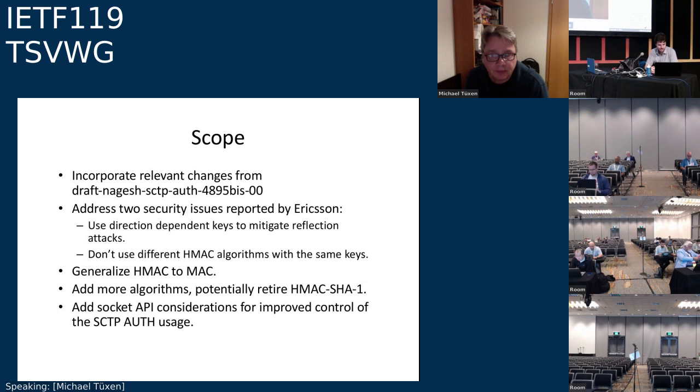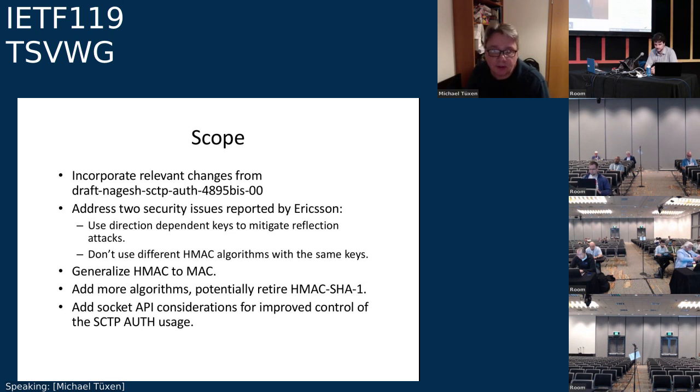There was the proposal on the list to generalize HMACs to MACs, because the document always talks about HMACs and you can have different ones, but sticking formally to HMACs. Have more algorithms than the one which is specified, potentially retire HMAC based on SHA-1, and add some socket API considerations for improved control of the SCTP auth messages.